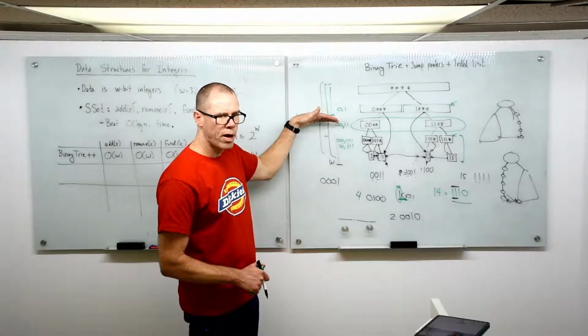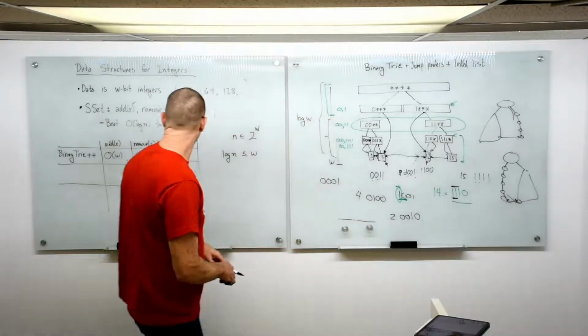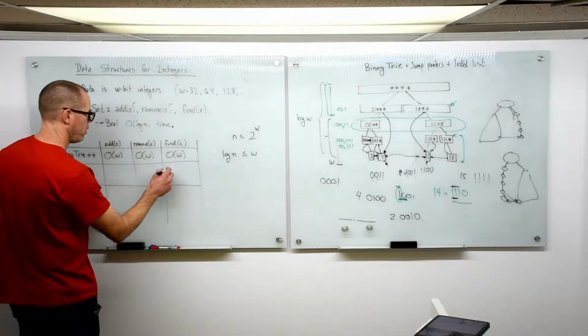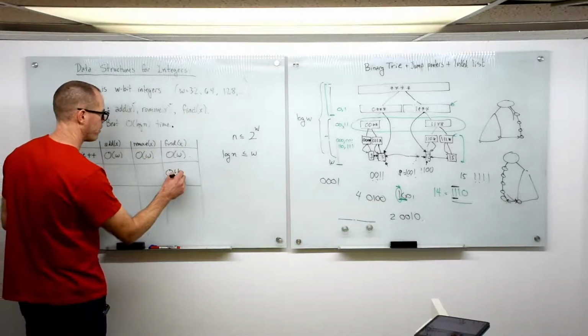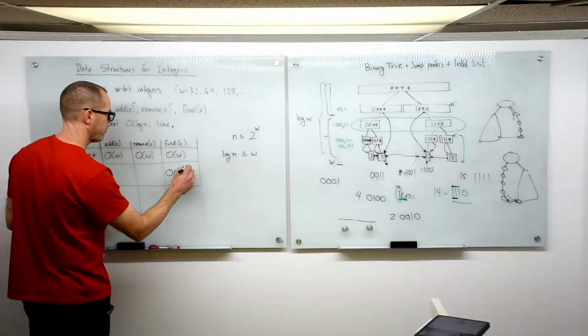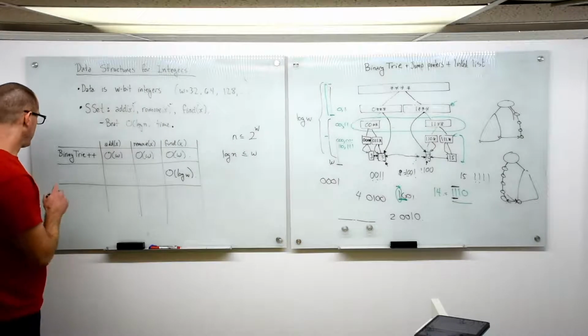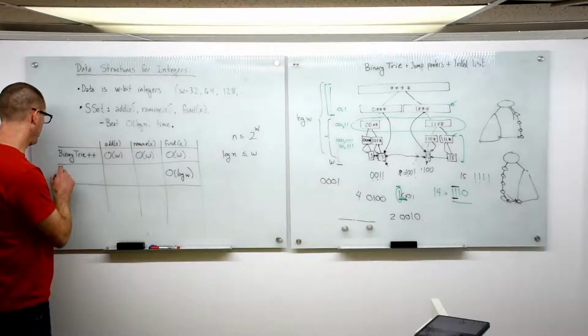And it speeds up our find not by a small amount. Find goes from being O of W time to O of log W. Okay. So we'll call that the binary trie.